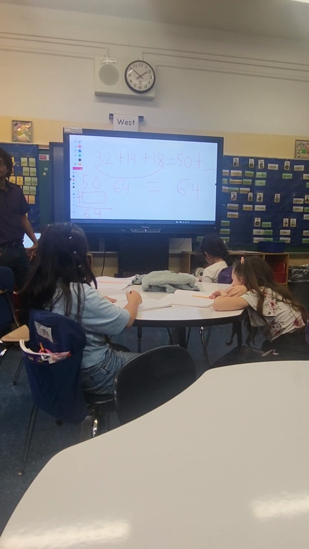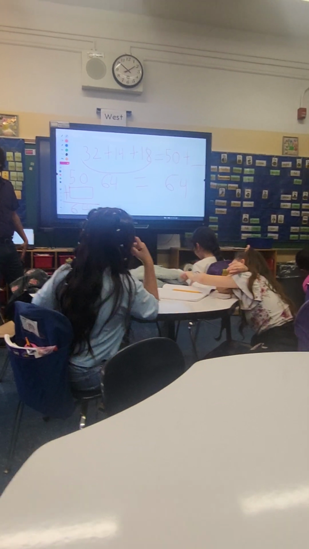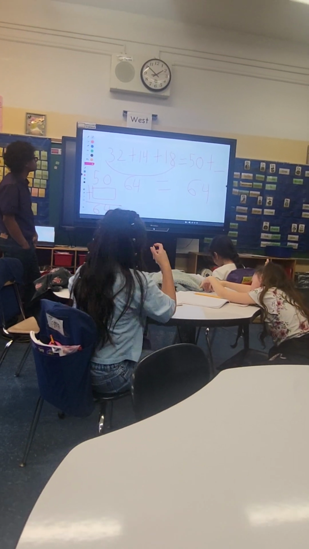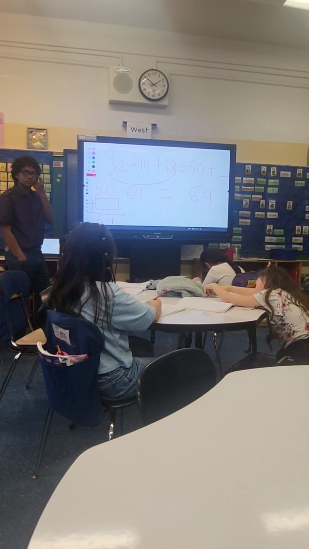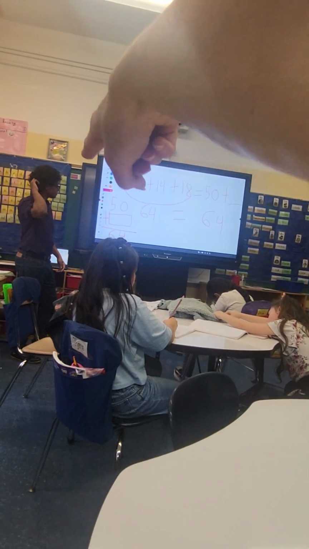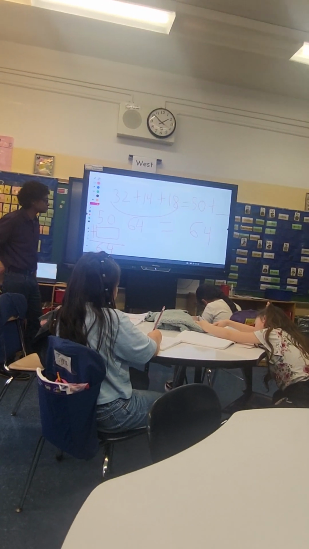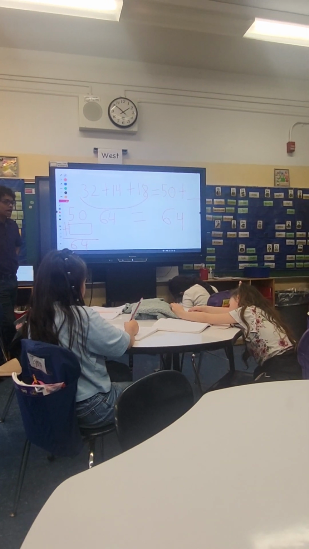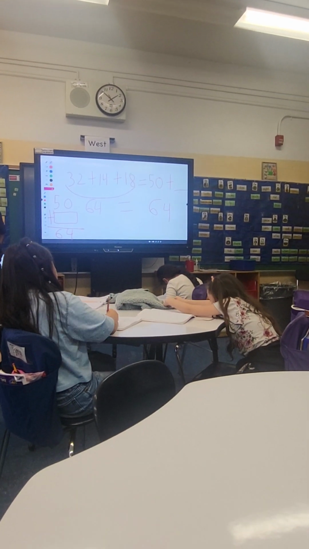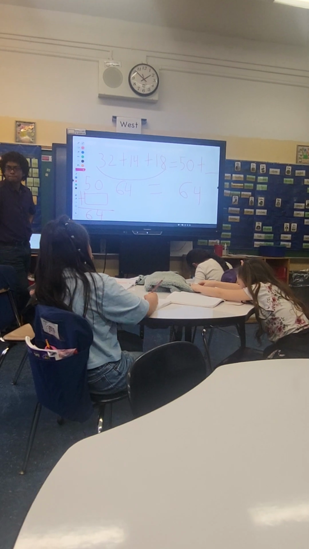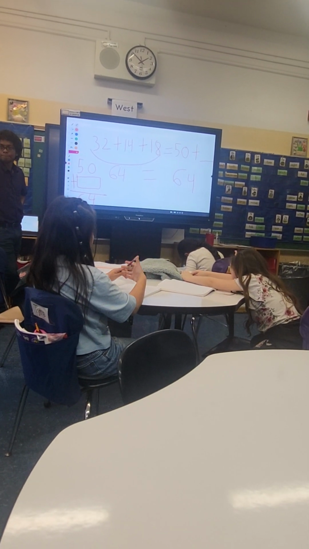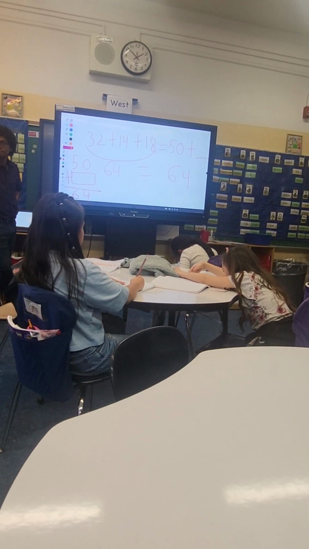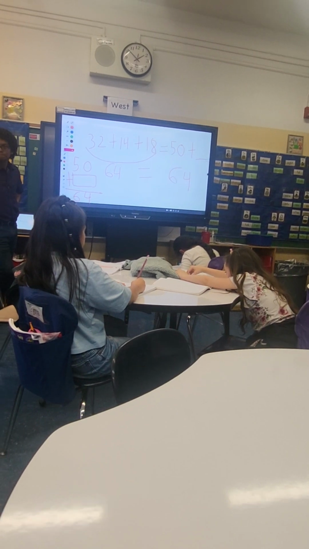How can I switch this around? Elliot? Switch it around to subtraction. What will go first? 50 plus box is 64. So flip it around to subtraction. The missing number is 40.